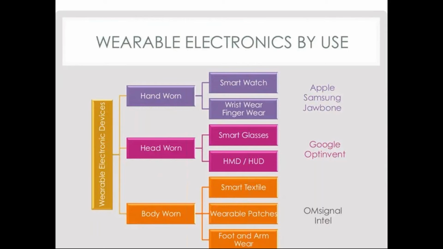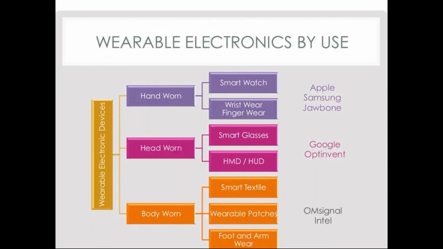When I'm talking about hand worn, what are the things which are useful? Those are smartwatches. We have wrist wear, fitness bands or Fitbit-like things. We have smart rings. So these are all hand worn. These are not obstructive in nature. What are the companies that are eyeing these hand worn devices? Those are Apple, Samsung, Jawbone. These are the companies.